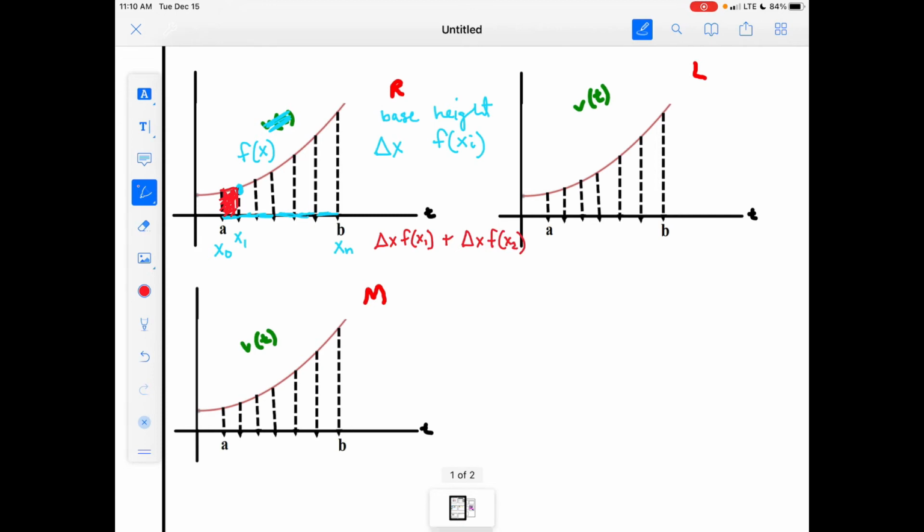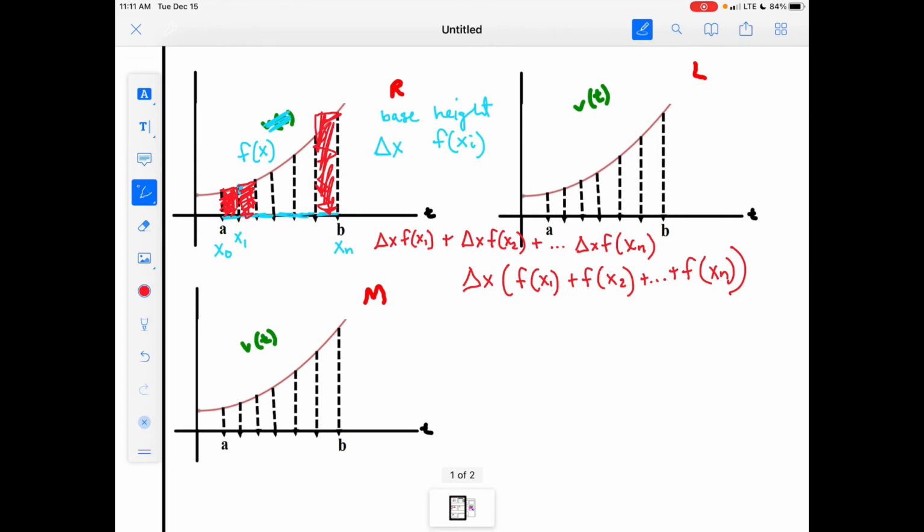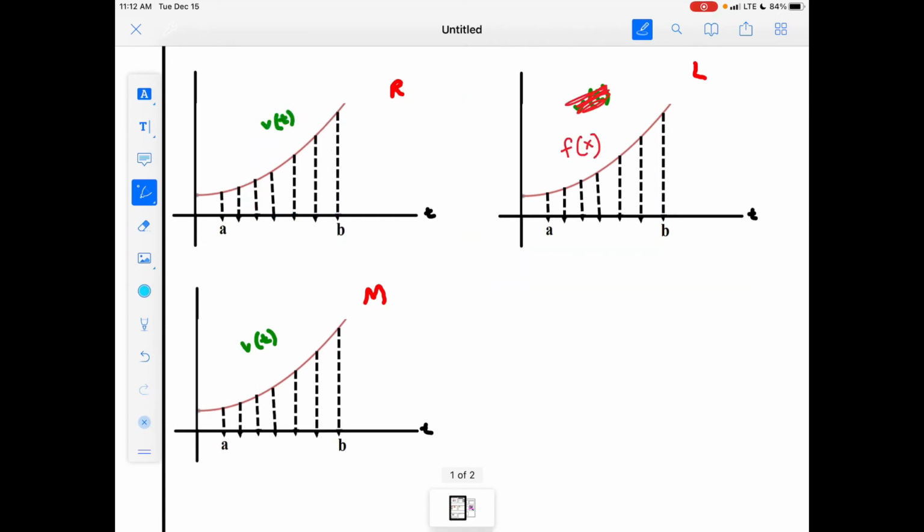And the second rectangle would look like that, base times height. And we keep going until we get to the very last rectangle. And if it's a right Riemann sum, we would use the f of b, the x sub nth term. Now you'll notice if they're all evenly spaced, we can factor out the delta x and have that be our equation.